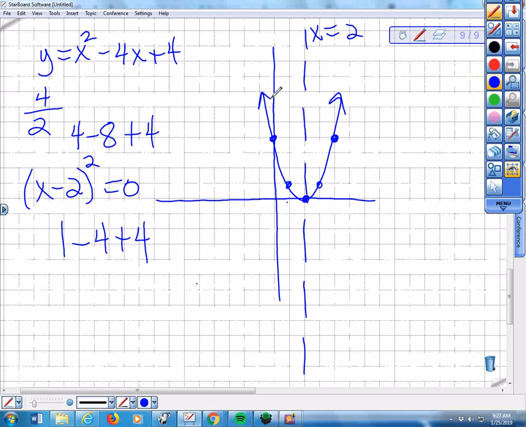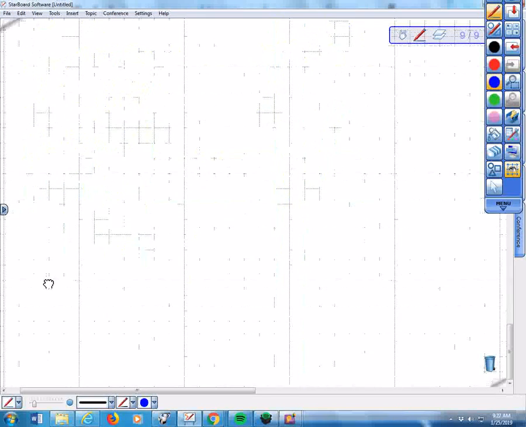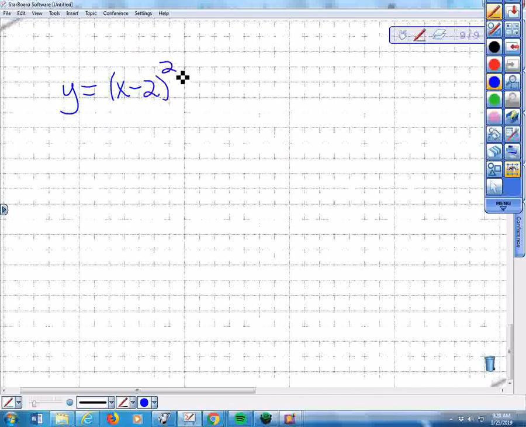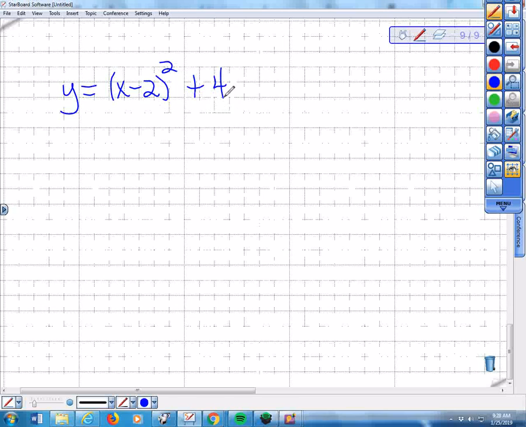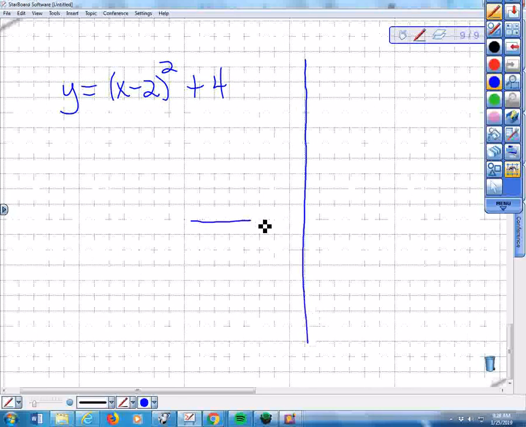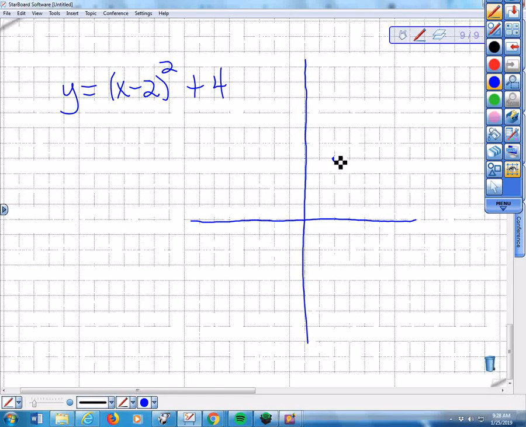Last one on the graphing section is already given to us in vertex form. So I can look at this right away and tell you the vertex. 2, 4. Opens up because this sign is positive.